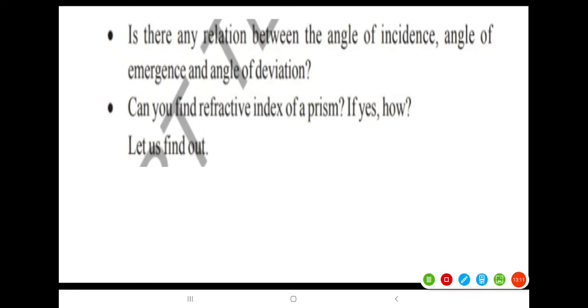This is the relation between the angles of incidence, emergence and deviation.